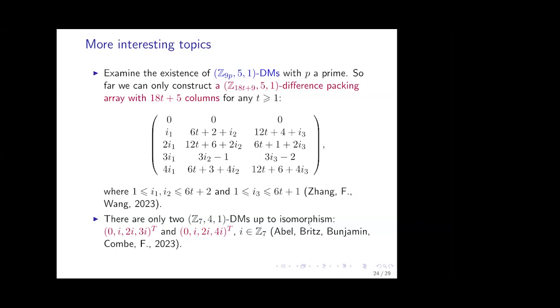In another paper of ours on the existence of group divisible designs, we constructed 2 difference matrices over Z_741 up to isomorphism. We found these 2 matrices. One has pattern 0 1 2 3, another has pattern 0 1 2 4. They are not isomorphic. So I don't know whether, maybe in our array, this pattern is not good. Maybe we can try another one. I don't know.